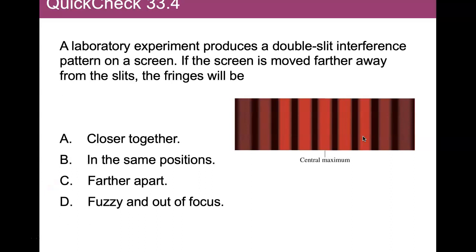Again, another quick check, so think a little bit about this. Pause the video and we'll come back to it. Okay, so that's now the double slit interference pattern. If the screen is moved farther away from the slits, what will happen to the fringes? So what do you think happens? We found that the condition for getting fringes, at least in this approximation, was these particular thetas.